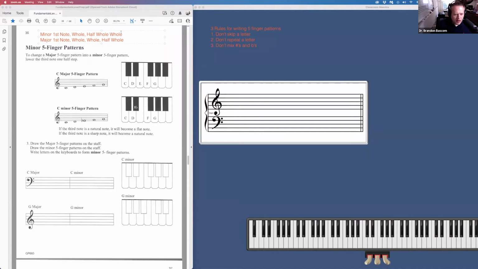Okay? Another way some of my students like to think about it is if you can find a major 5-finger pattern, and then if you lower your third finger 1/2 step to the left, you get the minor 5-finger pattern. Doesn't matter what key.